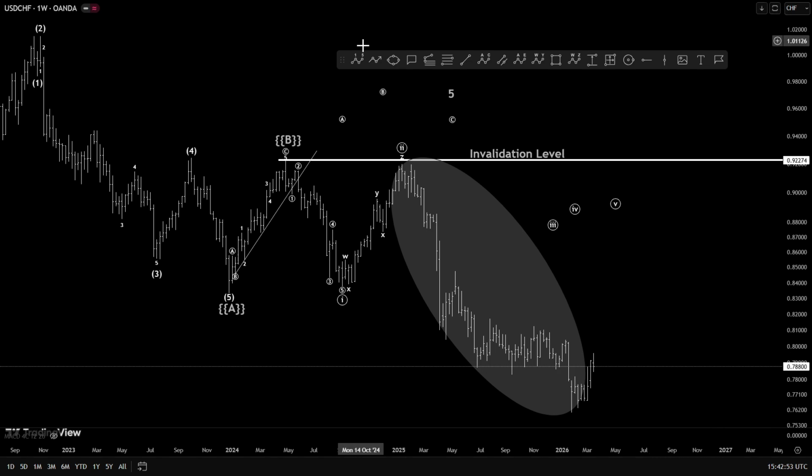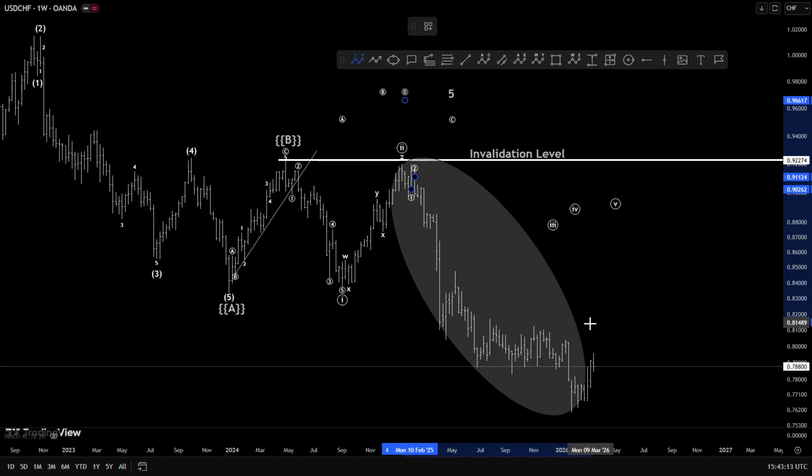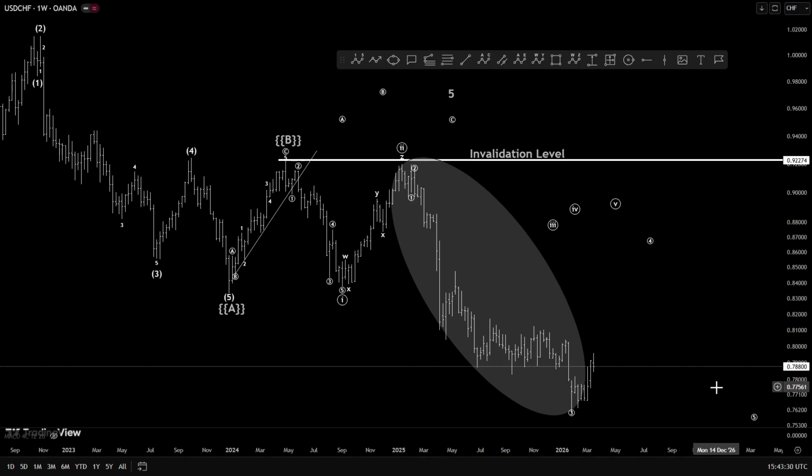We know the level of this structure is also in 5 wave, which is 1, 2, and wave 3 headed around this range, and we're expecting wave 4 structure, and then we're not quite done with 4 because this is where we are right now.